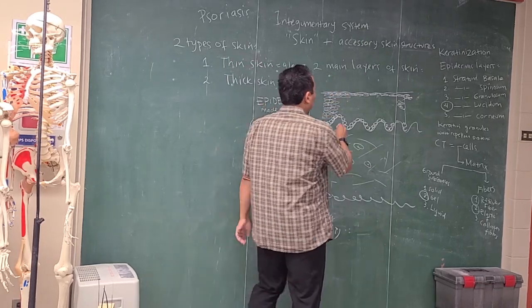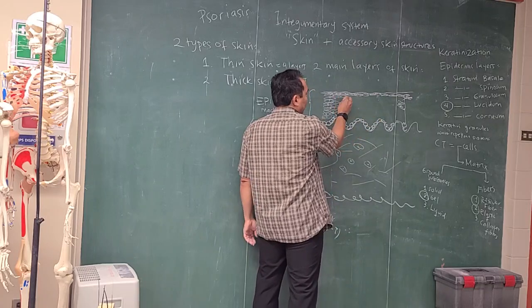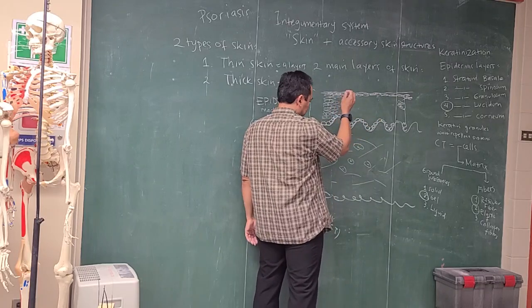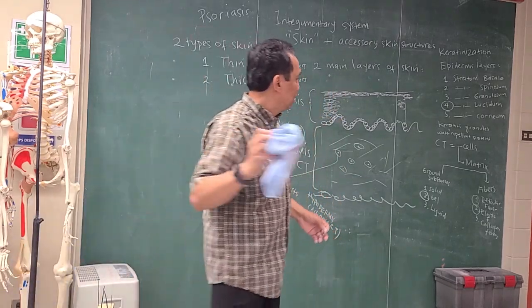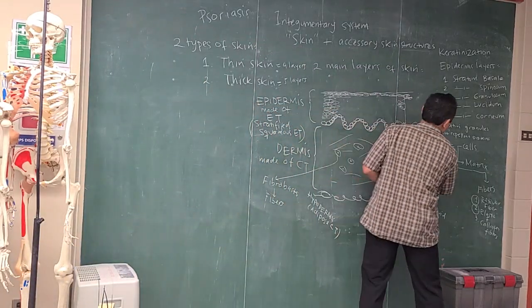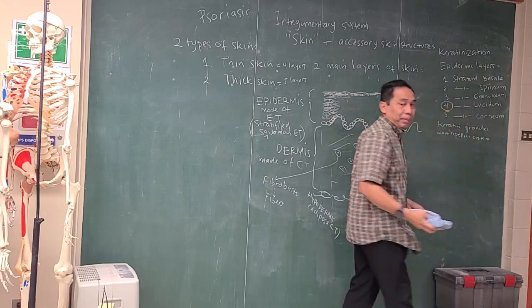Now, in the epidermis, in addition to layers, they have cells over here. What? Cells. I'm going to erase that at the bottom. Okay. Cells of the epidermis.